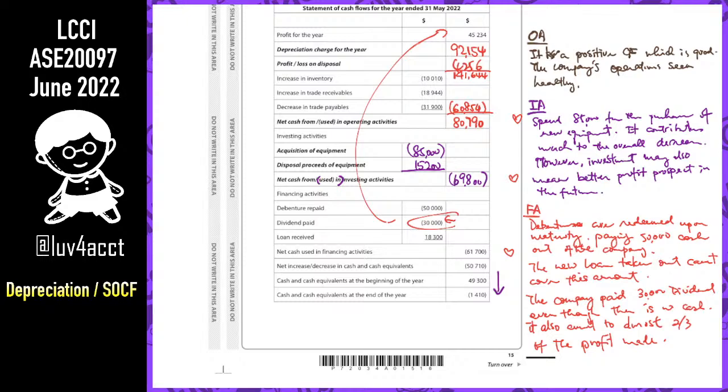I think this set of paper is not very difficult, but it consists of some parts. Statement of cash flows is not a very popular topic here. You need very high level understanding for this topic, although how the question is set is not that difficult.